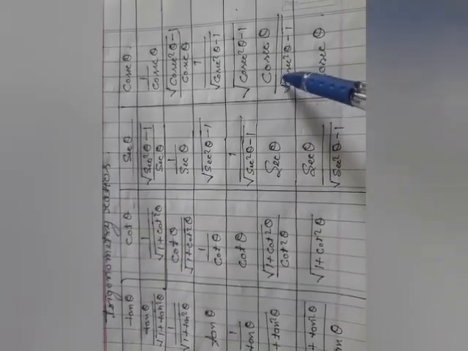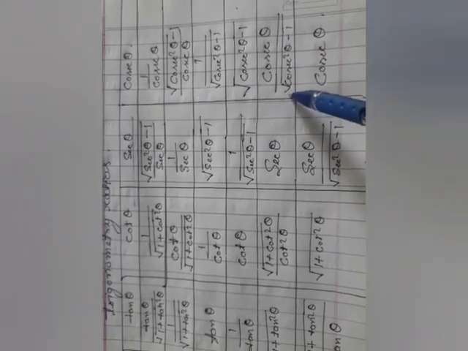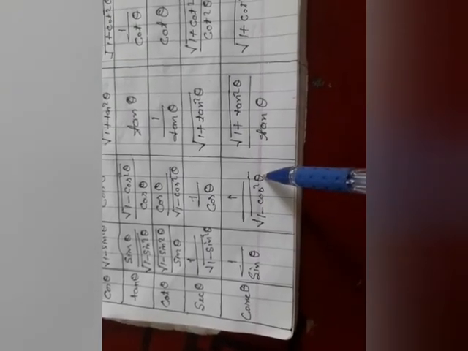Now cosec theta in the form of sec theta: cosec theta upon under root cosec square theta minus 1. Now cosec theta in the form of sin: 1 upon sin theta. Cosec theta in the form of cos: 1 upon under root 1 minus cos square theta.